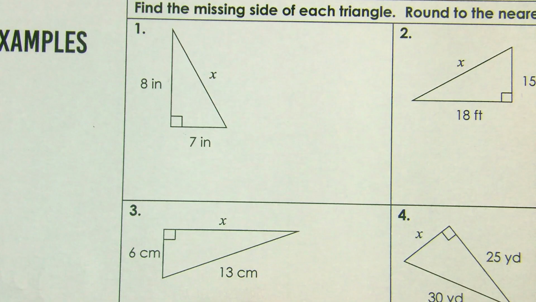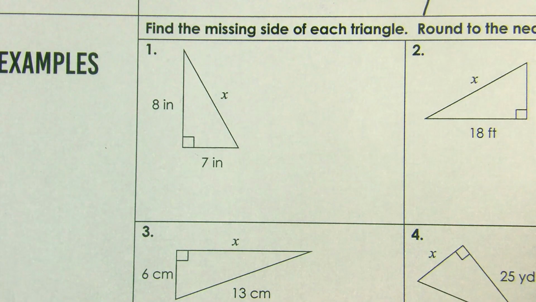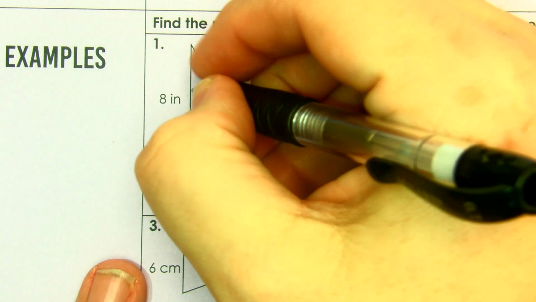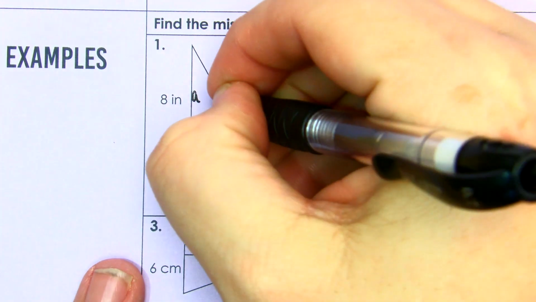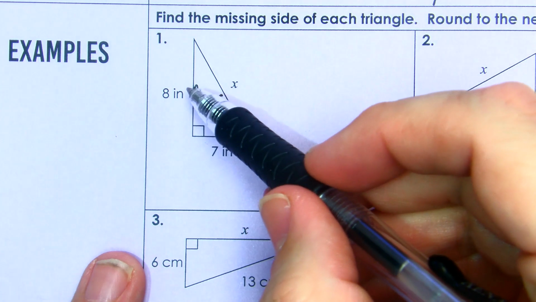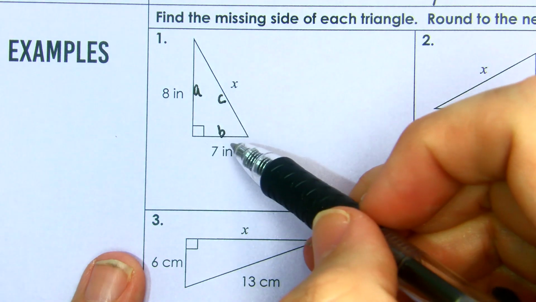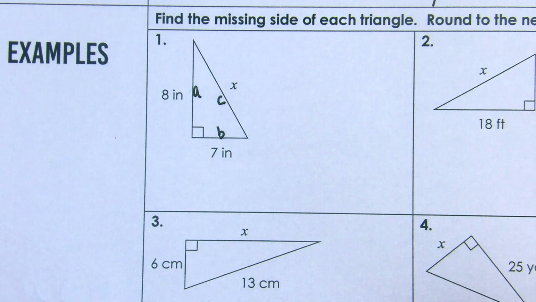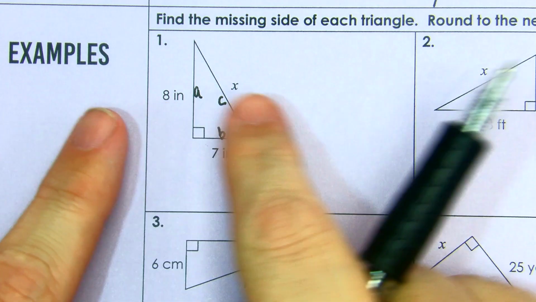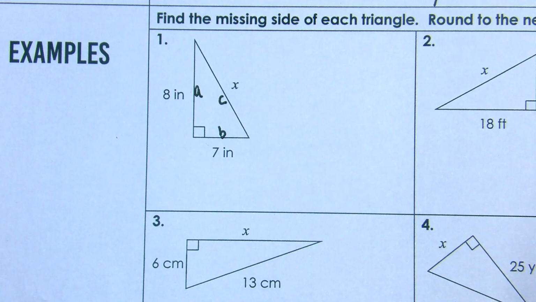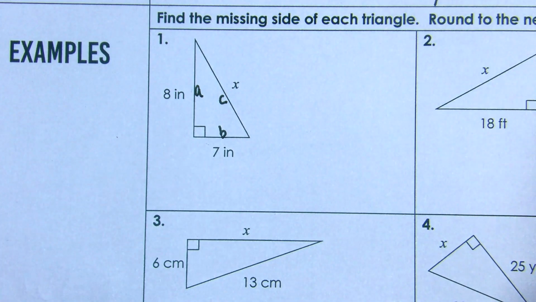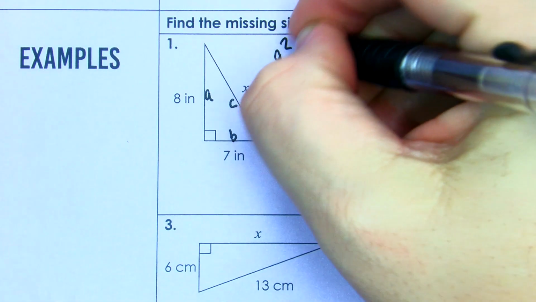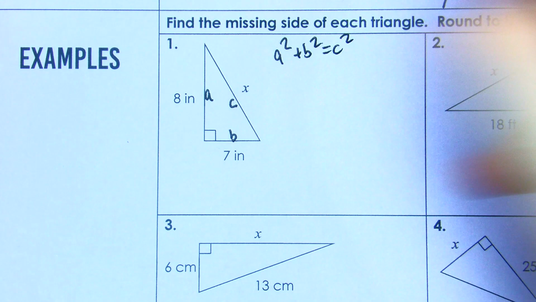What I would recommend 100% of the time, until you're just seeing this stuff off the page and it becomes kind of like muscle memory, is to go through and label the sides. Label one of the legs A, the other leg B, and the hypotenuse C. It doesn't matter what leg gets an A and what leg gets a B. But the hypotenuse always has to be C. And we're always going to use A squared plus B squared equals C squared.